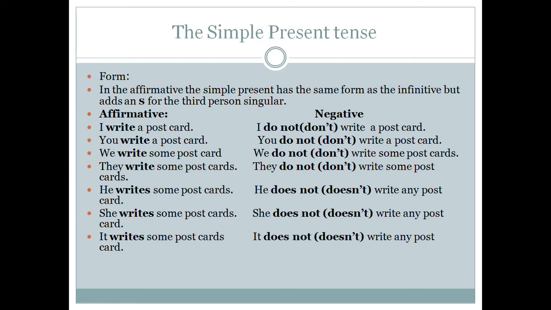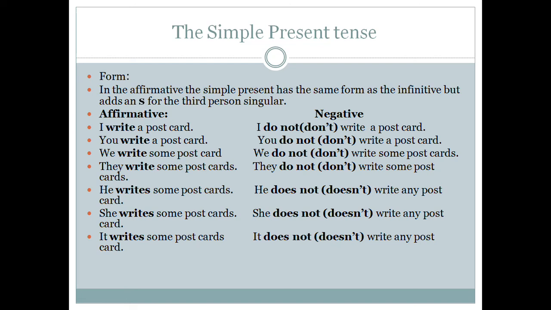We write a postcard or some postcards. They write some postcards. Okay. Now, in the simple present tense, verbs with pronouns I, you, we, they keep their infinitive form. No change for them. Their form in the present simple tense with pronouns I, you, we, they is the same as their infinitive form.